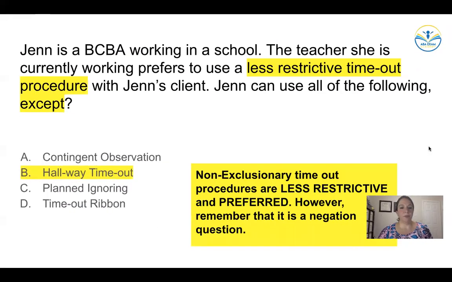Very good. It is an except question, a negation. We're looking at non-exclusionary timeout procedures. They're less restrictive and preferred. So that's the biggest thing here. I did not write anything about non-exclusionary. I just wrote less restrictive timeout. So if you know what it is, you know it is non-exclusionary. Very good. Hallway timeout.